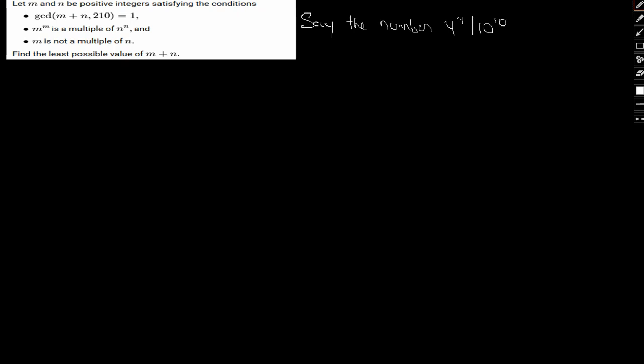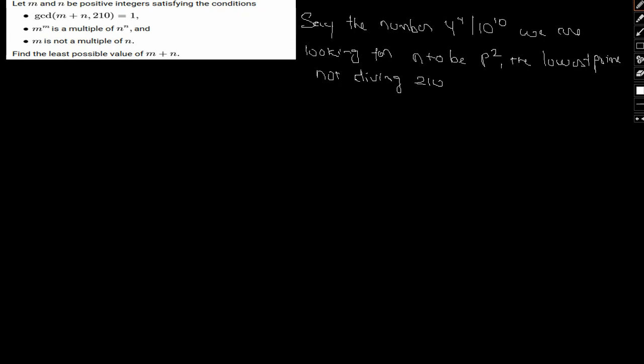Okay, so here basically if we take a look at both these numbers, we are looking for n to be p square, where p is the lowest prime not dividing 10, or 11.